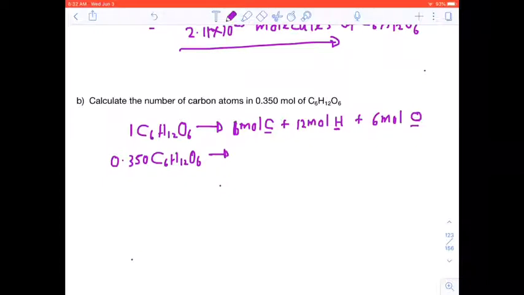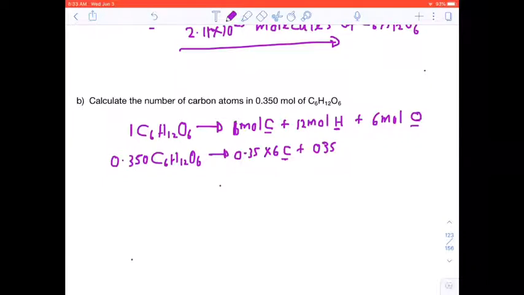So how many moles of carbon do I have? It will be 0.35, I just put it down to 2 decimal places, times 6 moles of carbon.